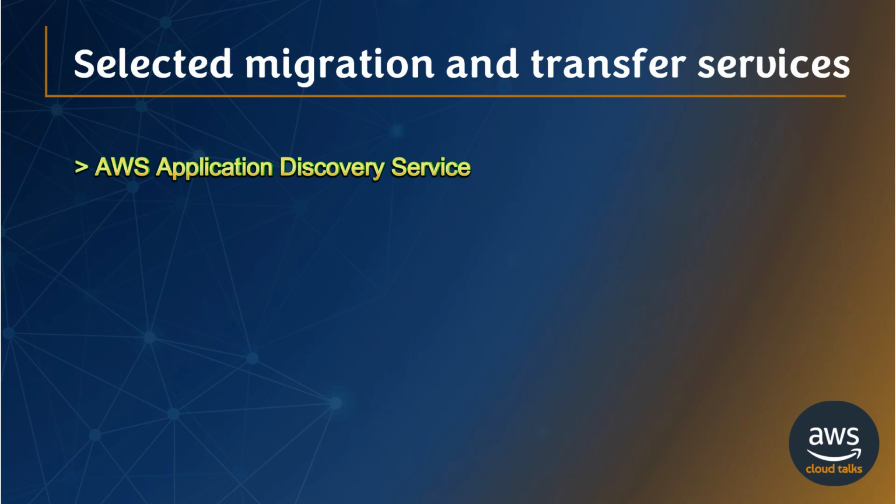The collected data is retained in encrypted format in an AWS Application Discovery Service data store. You can export this data as a CSV file and use it to estimate the total cost of ownership (TCO) of running on AWS and to plan your migration to AWS.